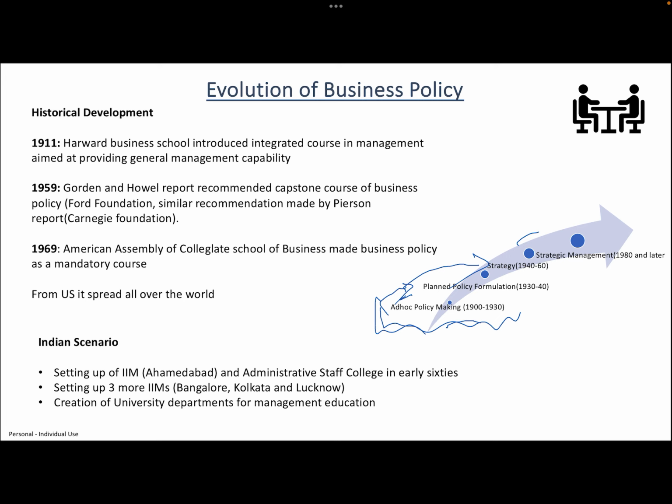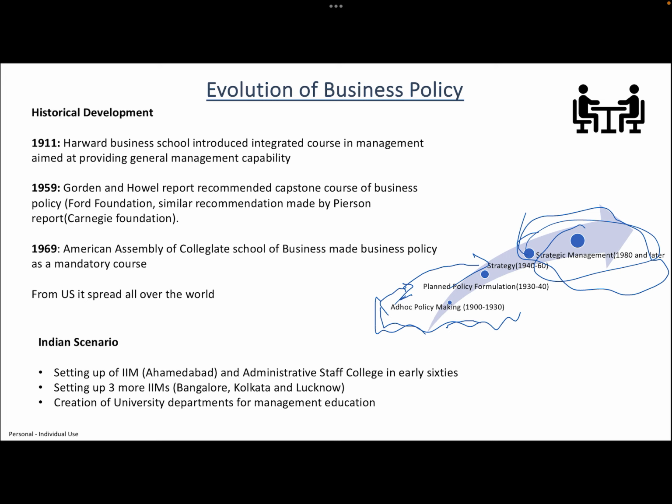So we are seeing a complete set of strategic management, where it includes setting up a mission, vision, everything, and then execution of the strategic planning process and then evaluation, the entire end-to-end vision, which came into force only after 1980.